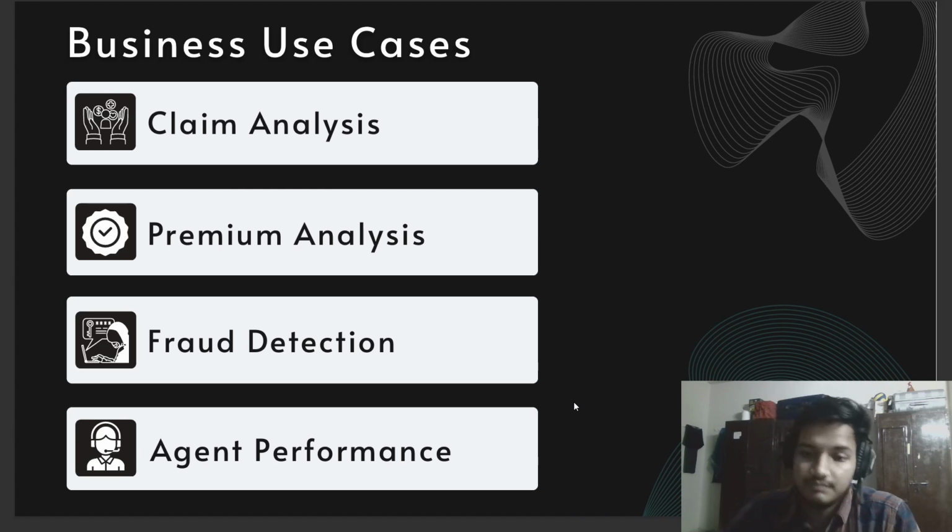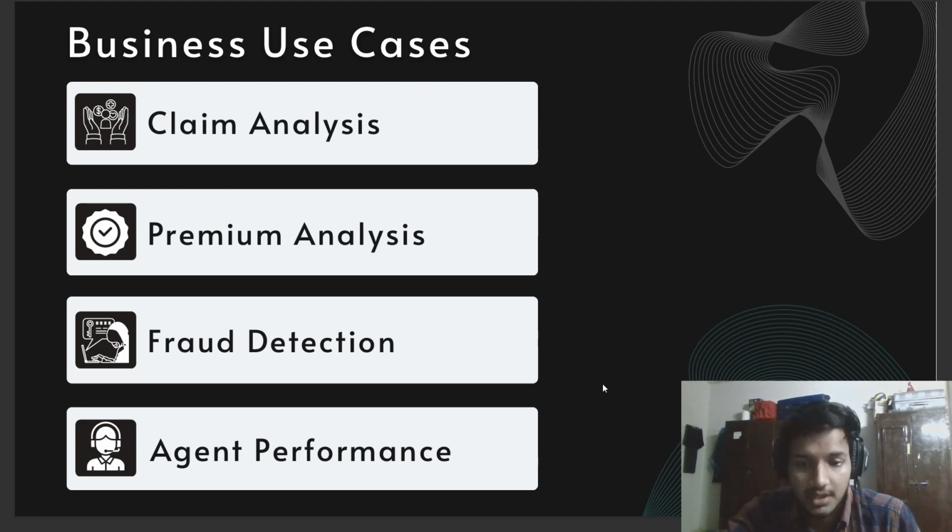So how can we track it? First of all, we need to get the payment history, and we will need to do the customer segmentation according to their region, age, risk profile, or employment status. And the next is the policy type, and the policy type can be auto, health, life, anyone.